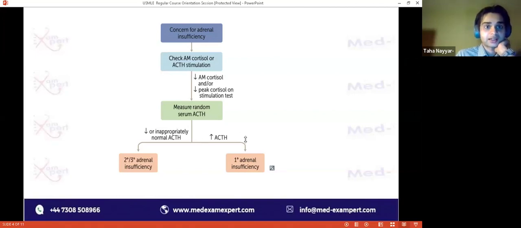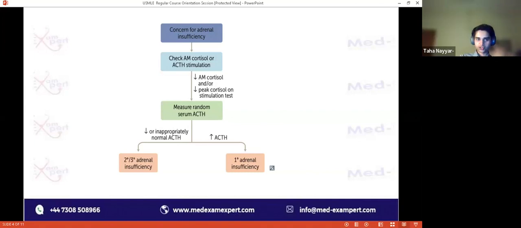So it means that the adrenal gland is involved because it is not producing cortisol. So with high levels of ACTH, the diagnosis is primary adrenal insufficiency. Or if there is a decrease or inappropriately low or normal levels of ACTH, then chances are that we are dealing with secondary adrenal insufficiency, secondary or tertiary.